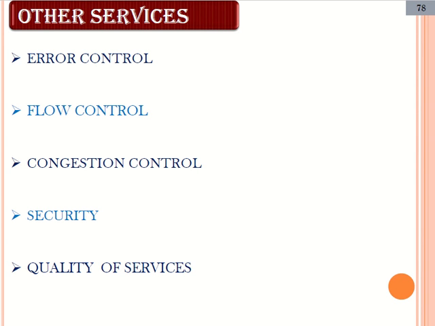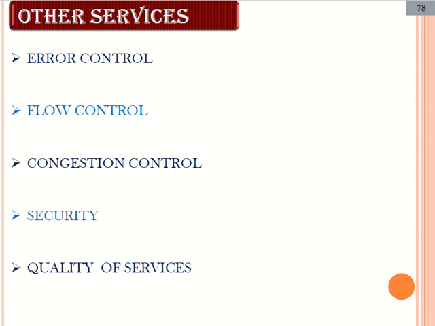If the upper layer at the source produces data faster than the upper layer at the destination can consume it, the receiver will be overwhelmed with data. To control the flow of data, the receiver should send feedback to the sender to inform it that the receiving end is overwhelmed. This task is done by the network layer protocols.